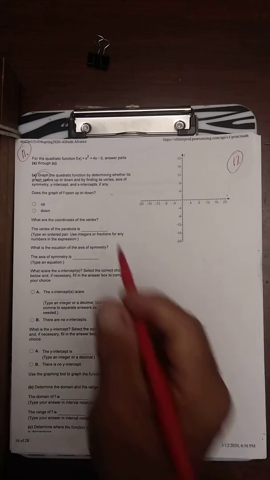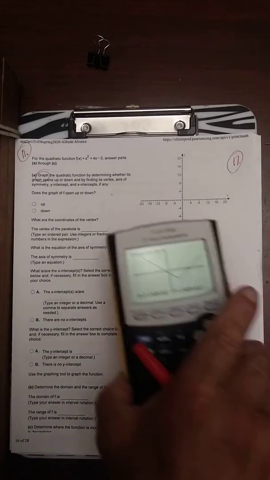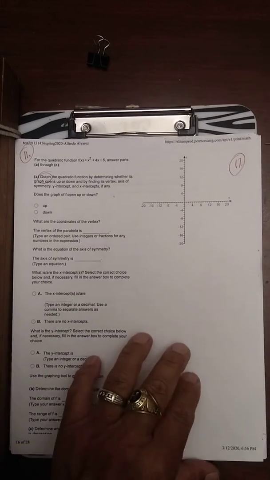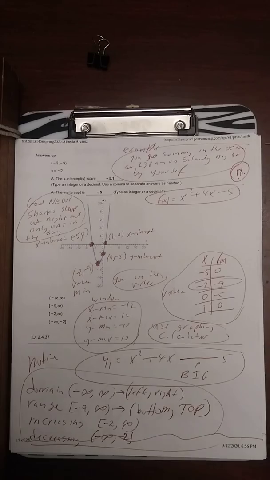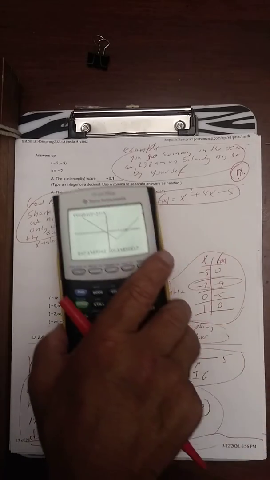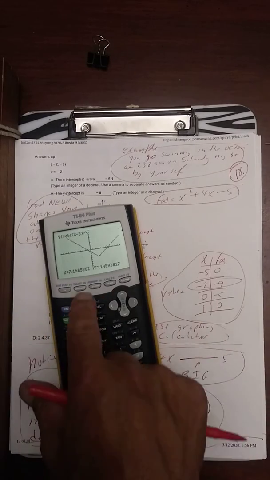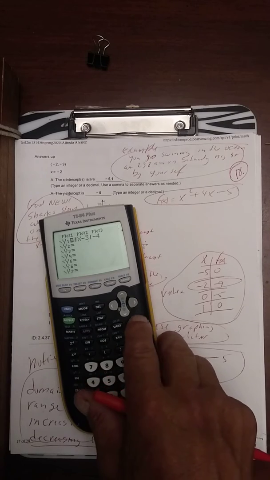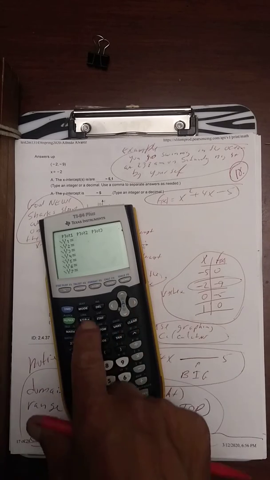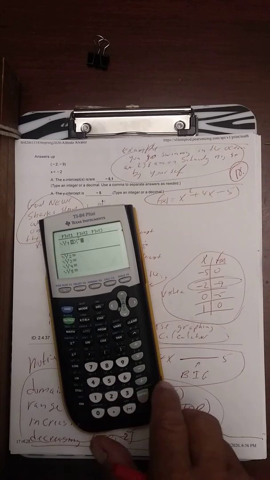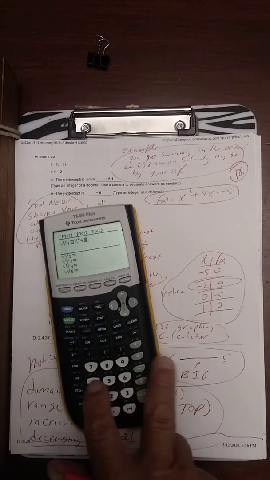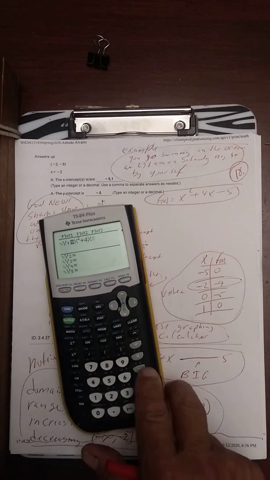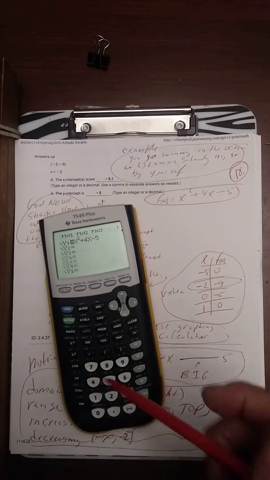This one says graph, and well, let's just put it on our machine here. Let's go to the next page. Let's look at what it's going to look like. Alright, so we know what it looks like, but let's do it on the graph anyway. Let's clear this out. Let's put x squared plus 4x minus 5, enter.